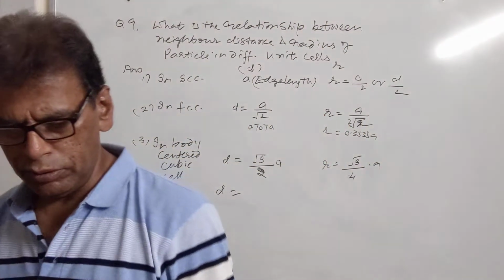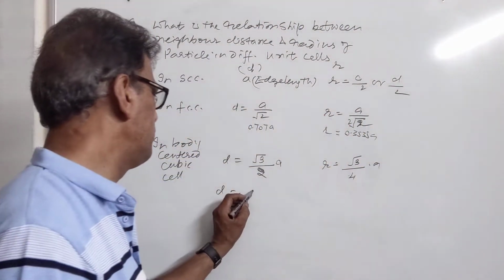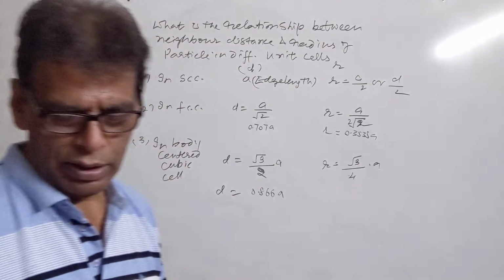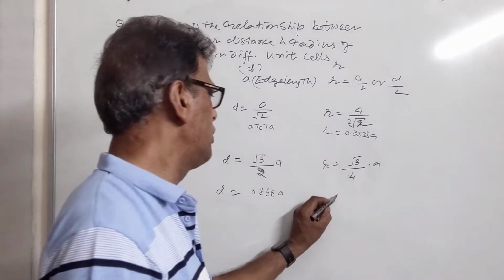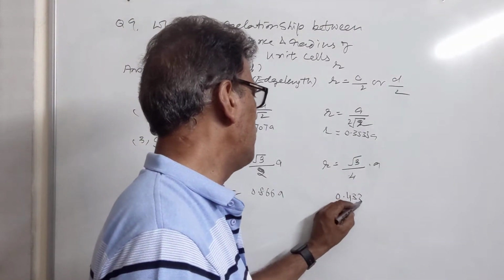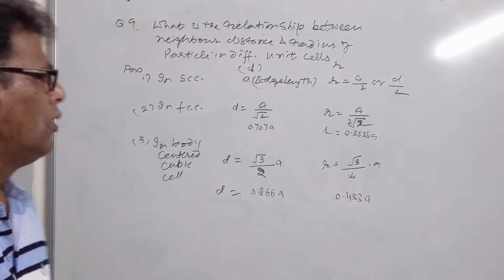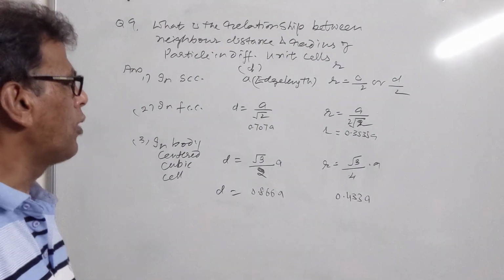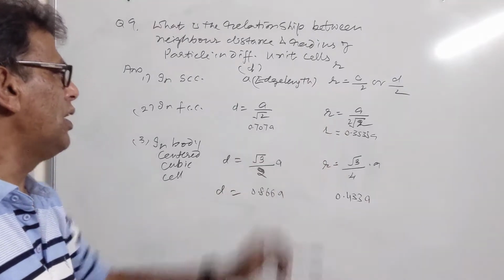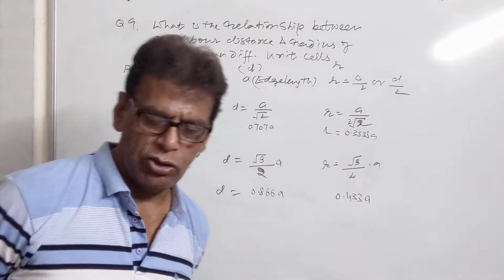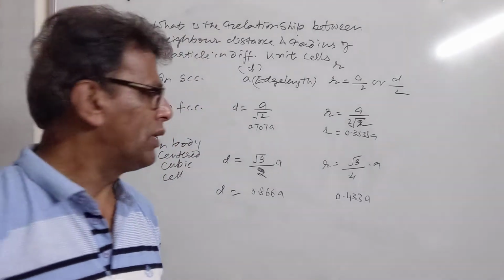Under root 3 upon 2 A is 0.866A, and here R will be 0.433A. So these relations are to be kept in mind for solving different numerical problems. You can be given A, and asked to calculate radius in simple cubic cell, body centered cubic cell and face centered cubic cell.